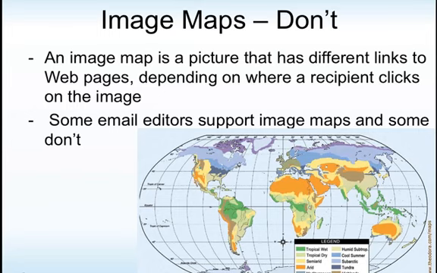So if you still feel like you should do an image map, make sure that the text version is cleaned up. You go into the text version and make sure that the links make sense to whoever's getting the text version. Also, if people are visually impaired, image maps cause a little bit of a problem if they're using a screen reader as well. So image maps are a don't, mostly because they probably aren't going to work for most of your recipients. It's just kind of tricky.